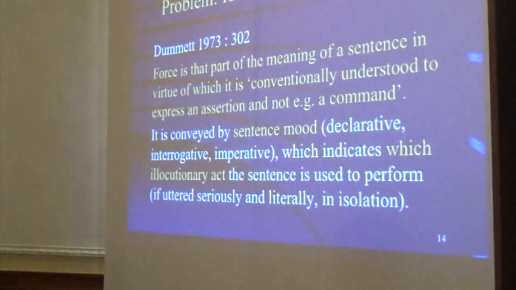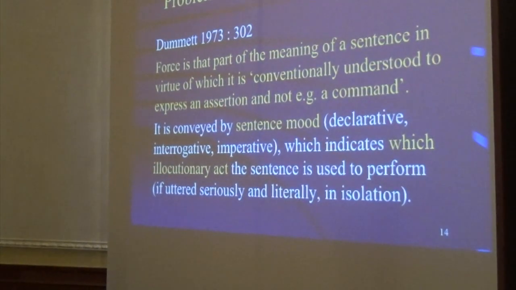Now, the problem here is that there is this contrast between meaning and force that's essential to Austin. That's a contrast that you also find in Frege, by the way. But it's a problematic contrast because, as Dummett pointed out, force is an aspect of the meaning of an utterance. He says, Dummett, that force is that part of the meaning of an utterance, a meaning of a sentence even, in virtue of which the sentence is conventionally understood to express an assertion or not, for example, a command.